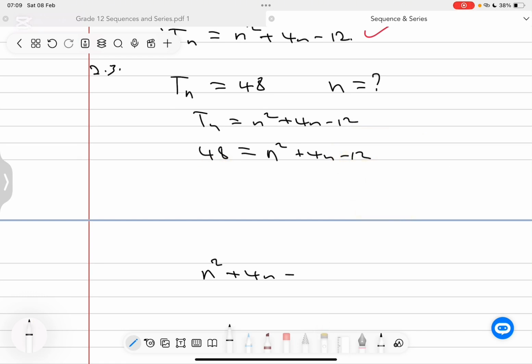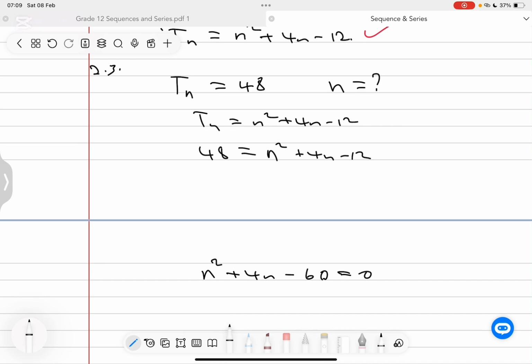So I'm going to have minus 60, and this side I'm going to have a 0. It's more like I'm subtracting 48 so that I get a 0 this side. And this side, I do the same thing. What I do on the left, I also do on the right.